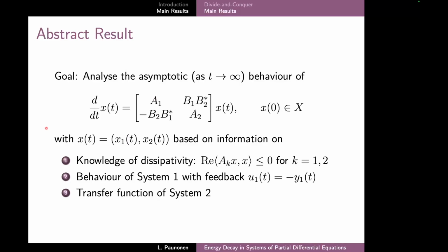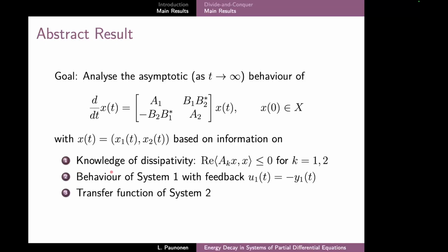As stated before, the basis of our investigation of the decay of energy is on the knowledge of the impedance passivity of system 1 under this negative feedback, as well as the transfer function of system 2.